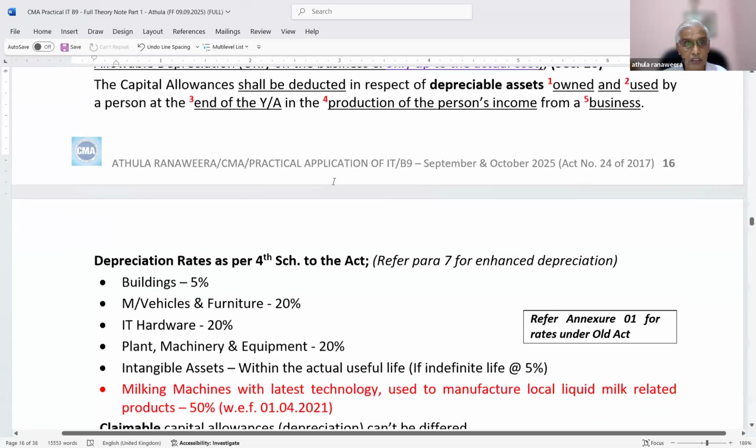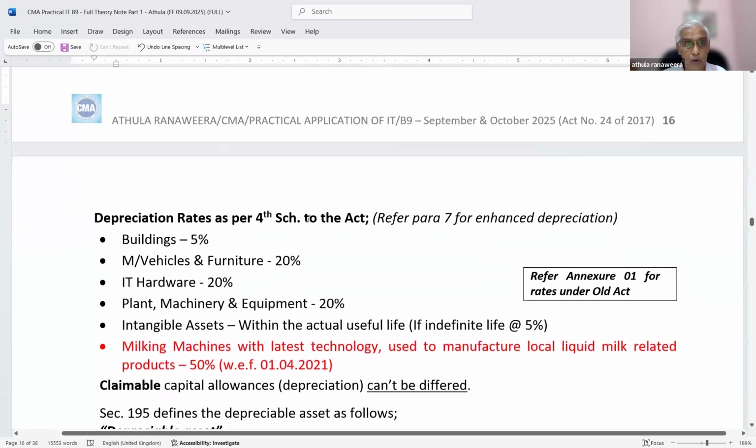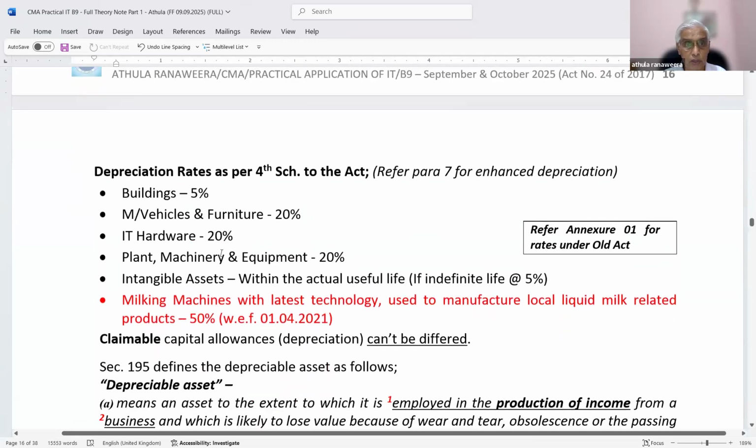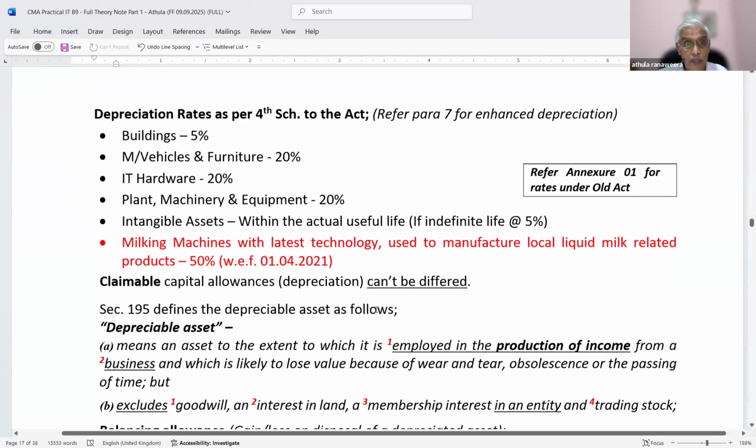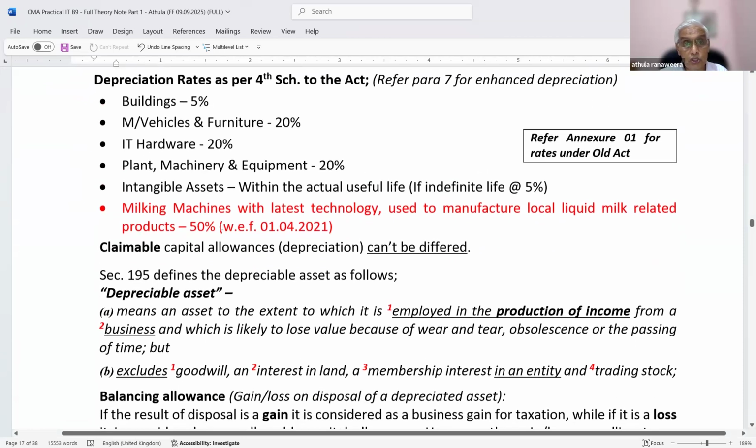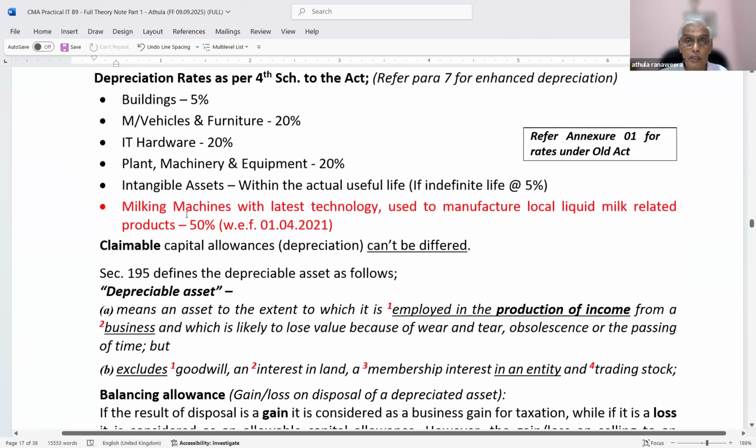The rates we discussed: building 5%, motor vehicles 20%, IT hardware 20%, machinery or plant machinery and equipment 20%. Intangible assets, if the lifetime is not known, an indefinite lifetime, then 5%. Then milking machines, 50%, milking machines with the latest technology.